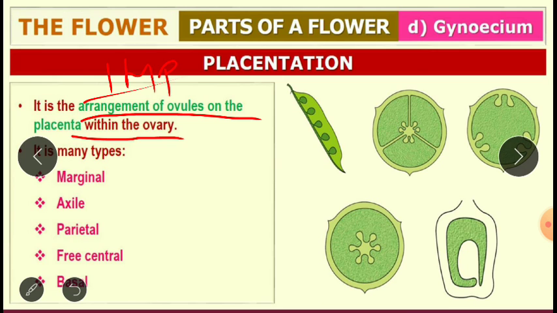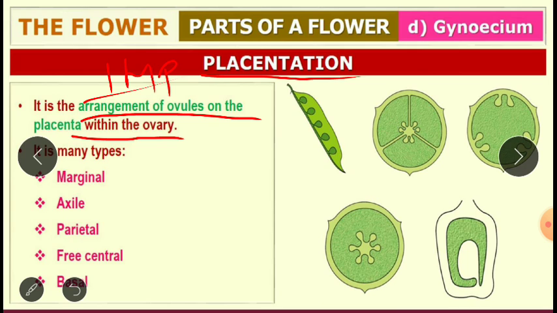So in the ovary, how the ovules are attached is called placentation.